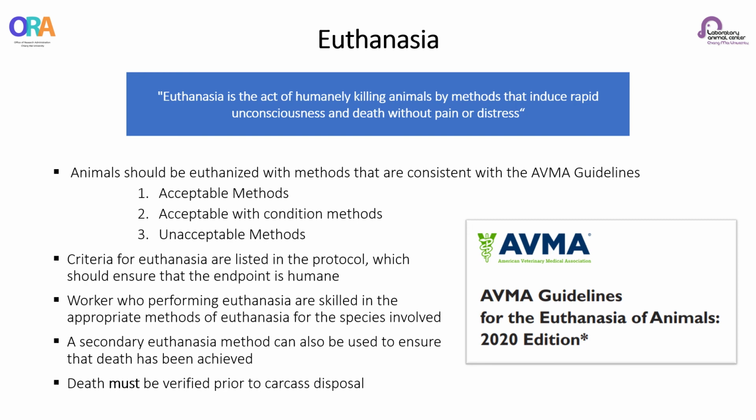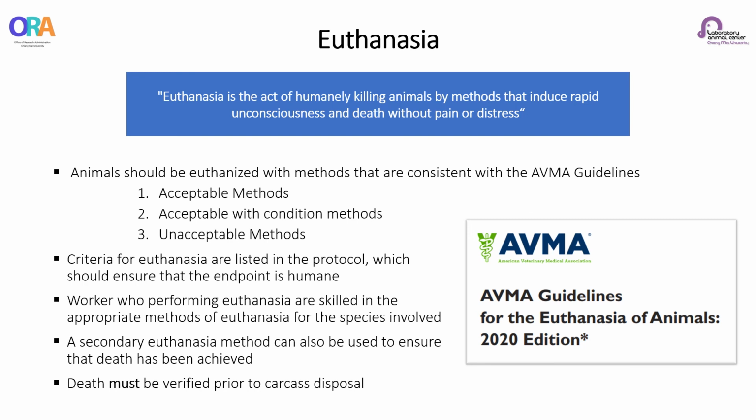Usually, a physical method is used as a secondary euthanasia method. It is essential that people who perform euthanasia are skilled in the appropriate method for the species involved, and death must be verified prior to carcass disposal.